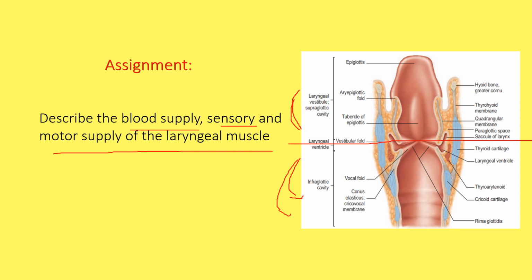So this is your vocal cord, and this is your vestibular fold, and this is your vocal cord. And this area between the vocal cords is the rima glottidis. The rima glottidis can be wide or narrow depending on the movement of the vocal cord that is controlled by the intrinsic muscles of the larynx.